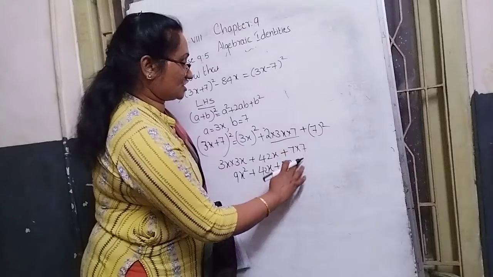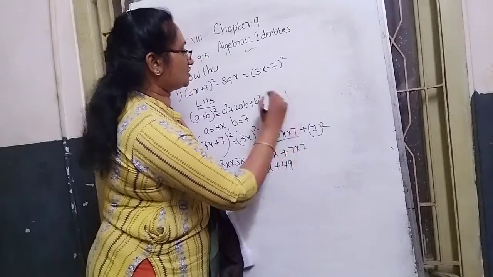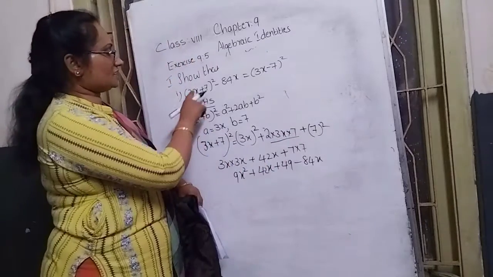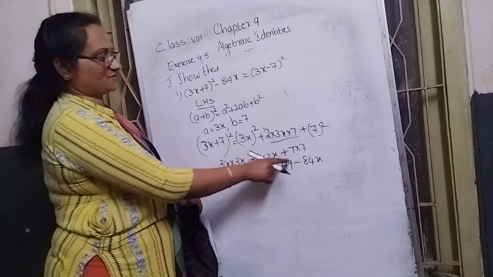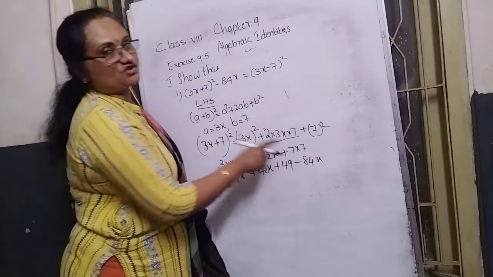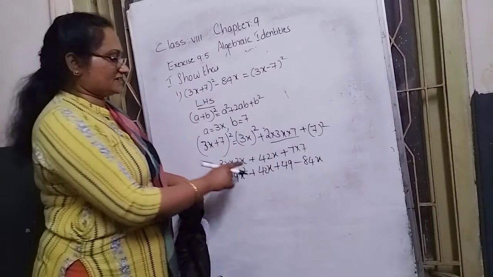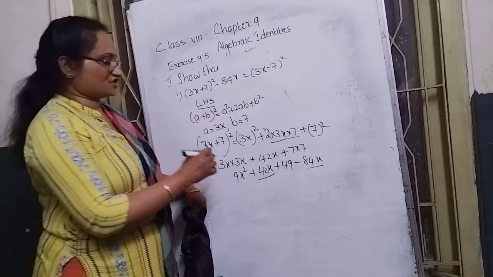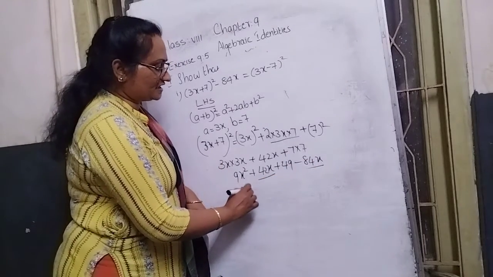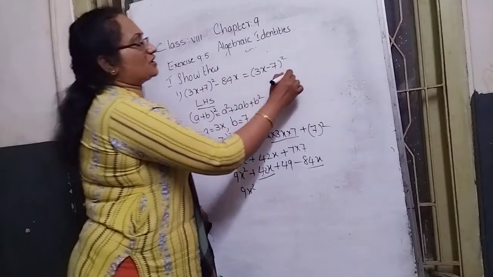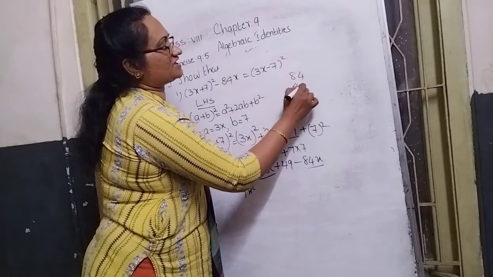Minus 84x also there, that also including. This first part bracket expansion is this much. Then the minus 84x also include. See these two are x terms, like terms. Their coefficients: 42 and minus 84. 84 minus 42 becomes how much? 42.